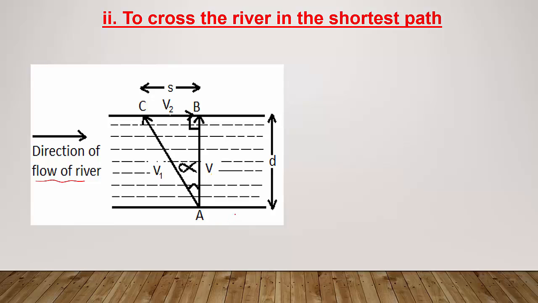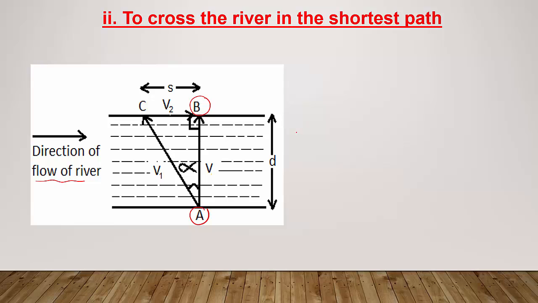We know that the shortest path is from A to B. A to B is the shortest distance to cross from one end to the other end of the river. The river is flowing from left to right, but the swimmer wants to cross the river in the shortest path. So how to find relative velocity?